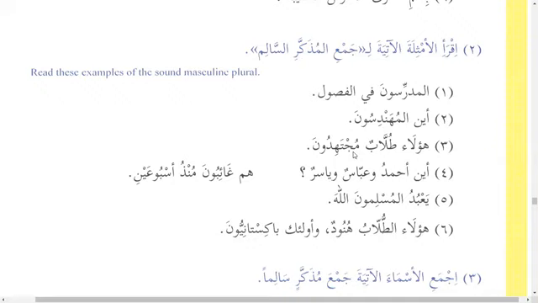But here tullabun doesn't have al. Normally we know that the khabar doesn't have al, and most of the time it is a common noun. So ha'ulai will be the subject, and tullabun mujtahiduna will be the predicate: these students are hardworking.